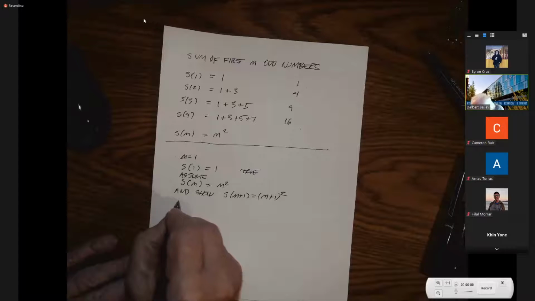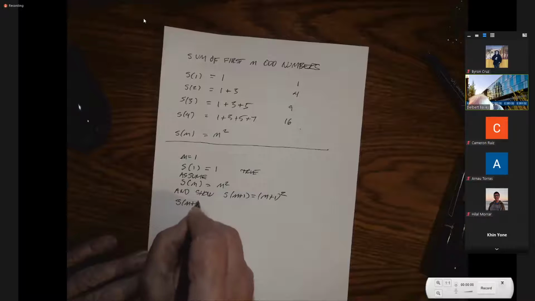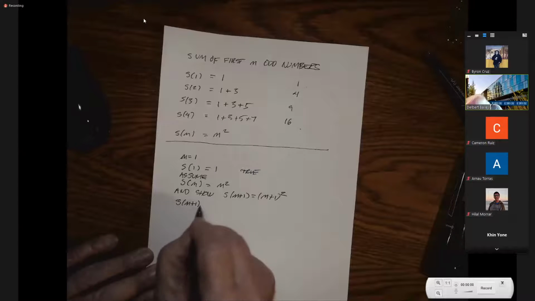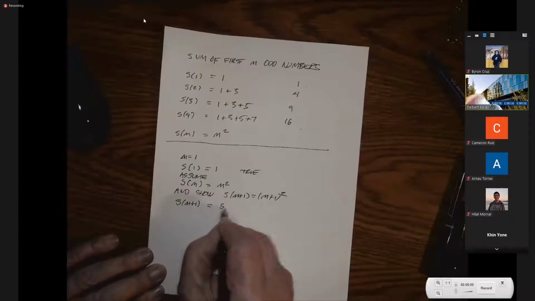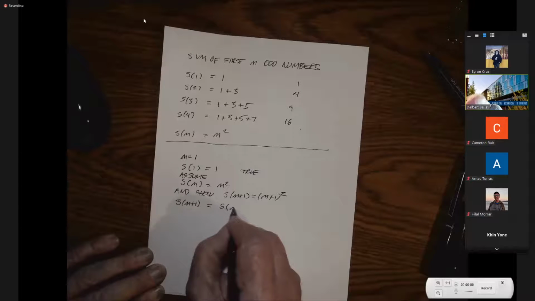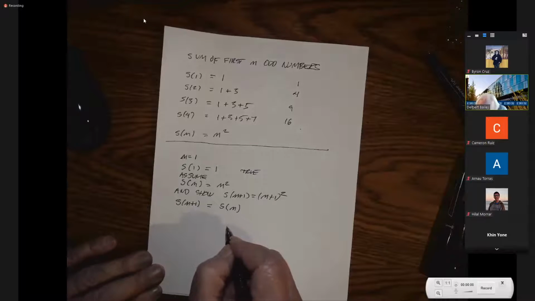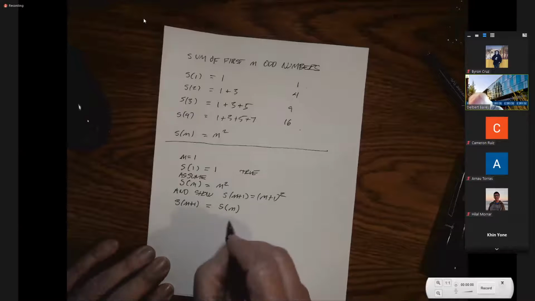Okay, so S for n plus 1, and now this is just going to be algebra. It's certainly going to be whatever it was for n, plus the next odd number.